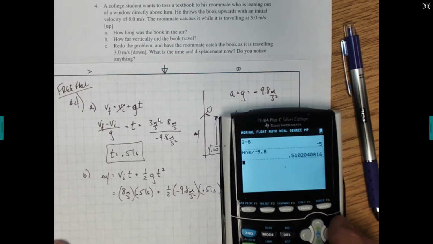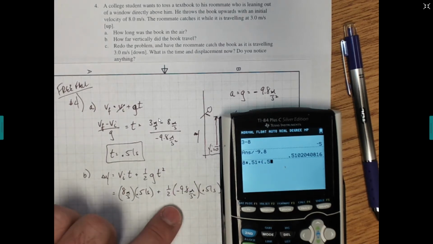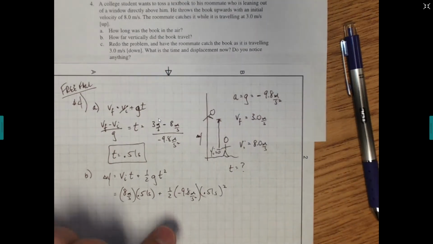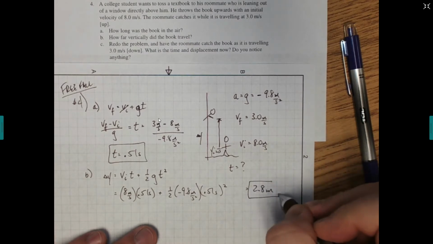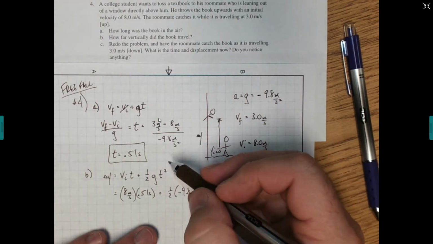Let's put all that in the calculator: 8 times 0.51 plus 0.5, because that's 1/2, times negative 9.8 times 0.51 squared. We get 2.8 meters. That's enough decimal points for us.